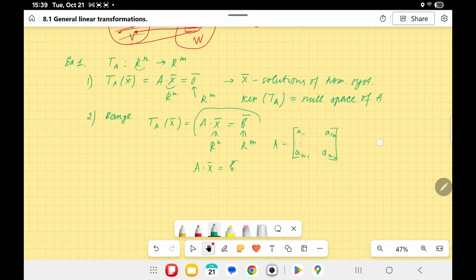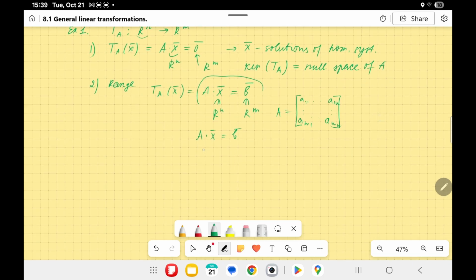We write down A11, AM1 by x1, the first coordinate, plus the second column plus, plus, and the last column A1n and Amn, right? It's supposed to be equal to this final vector, which is b. So that's vector b, which is b1 and bm.